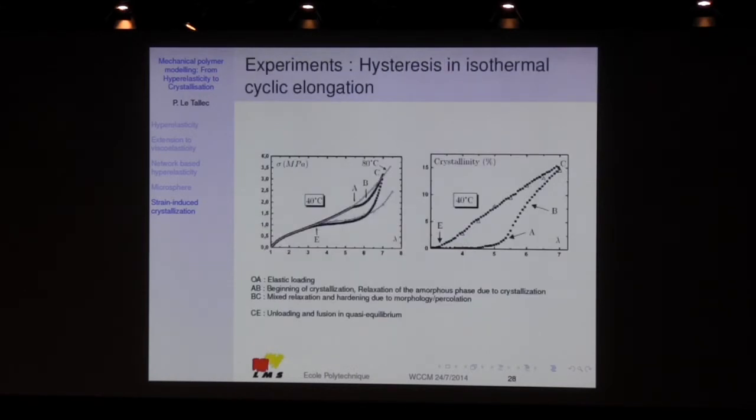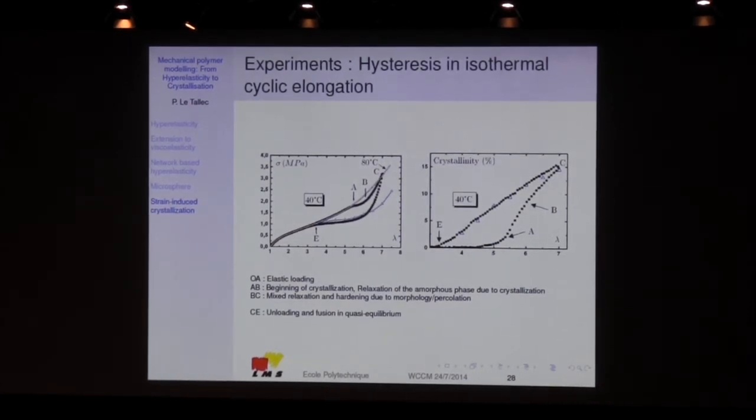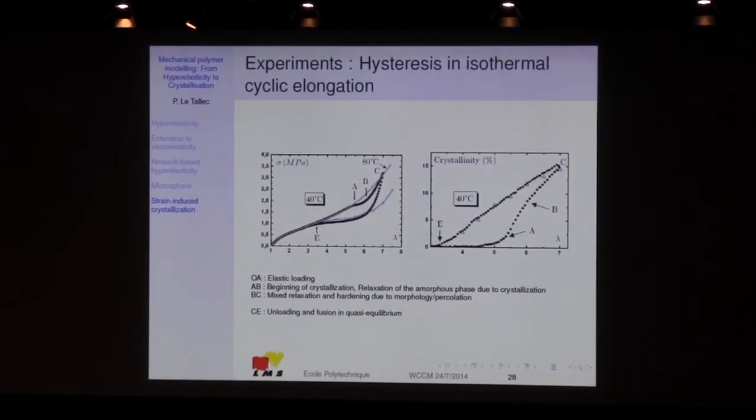So the experiments which are done are quite tricky because to measure crystallinity, you must go through a neutron diffraction apparatus, and you must make some experiments by freezing the sample, and the temperature might change, so it's quite tricky.